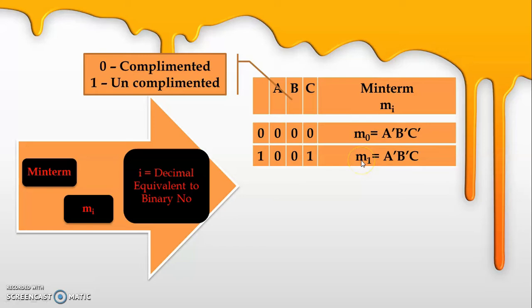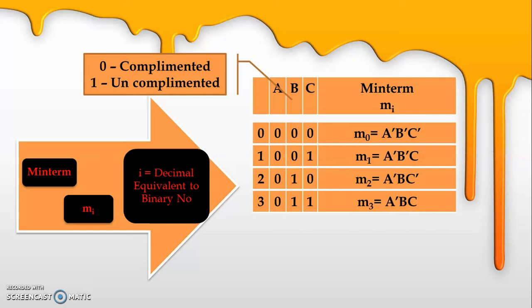So the minterm is indicated with suffix 1, and it is known as M1. Same way for 0, 1, 0, that is M2, a bar, b, c bar. 0, 1, 1, that is decimal equivalent 3, so M3 is a bar, b, c.